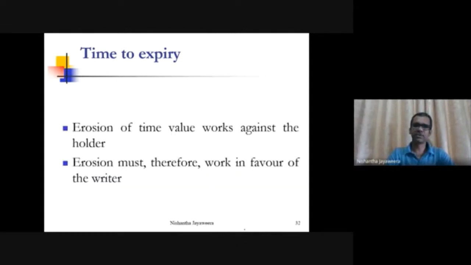So if you buy an option, there's a value. You paid the premium and you have some value. What would happen if you hold it until maturity? Value of that option may go down because of this erosion of time value. But because of other reasons, value may increase.